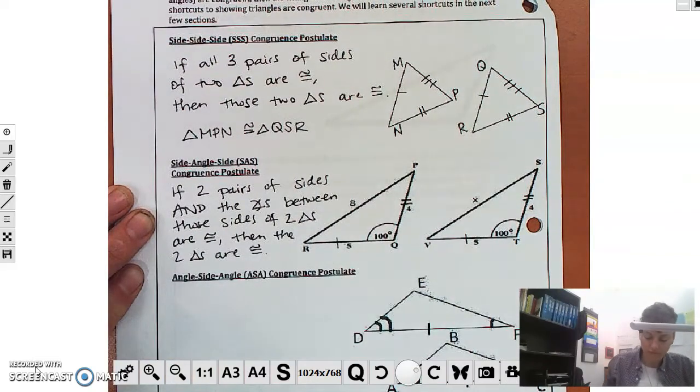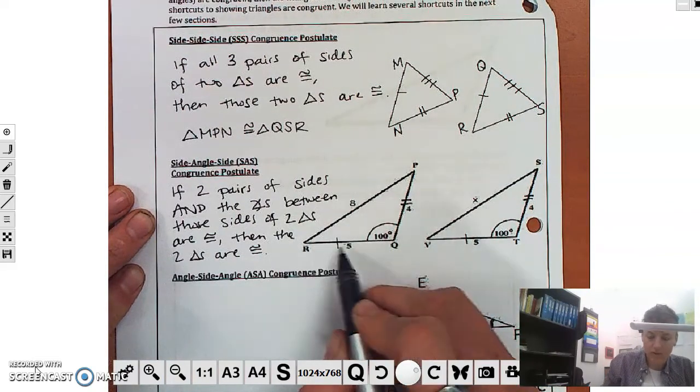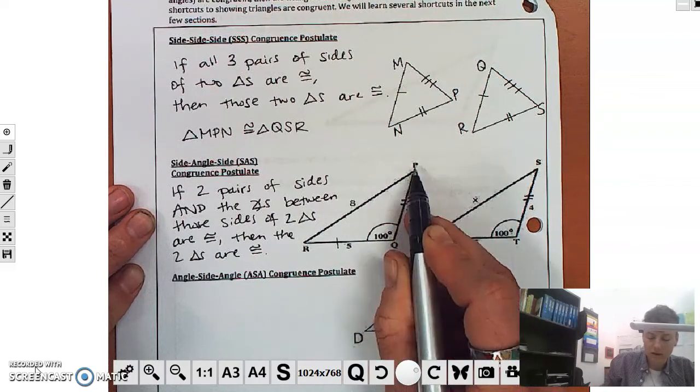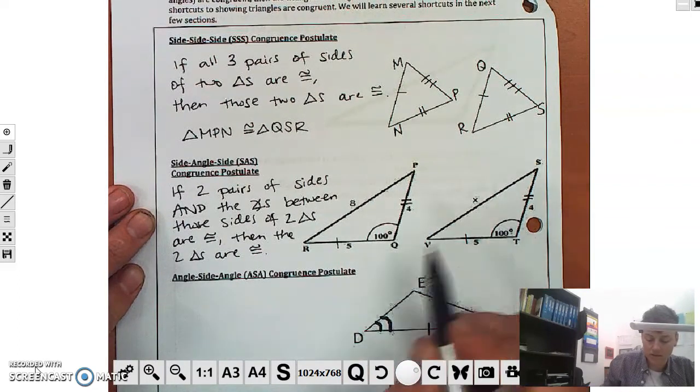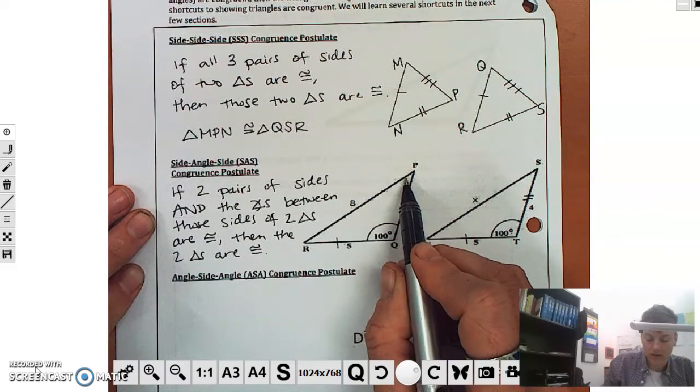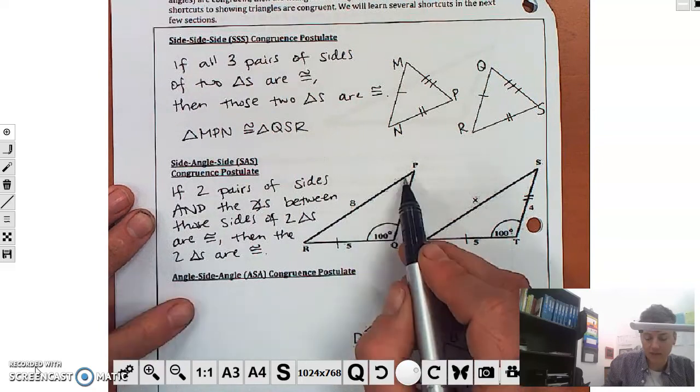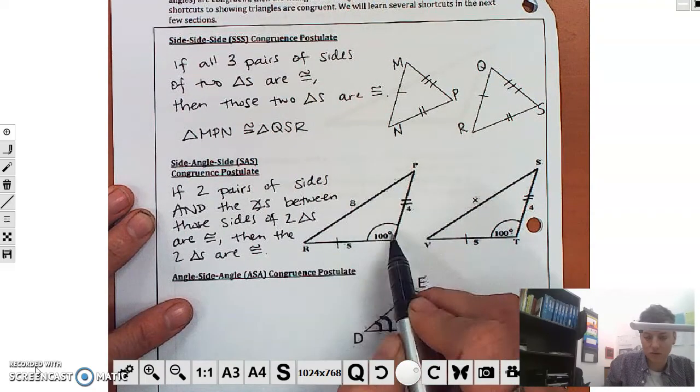Hot dog. Again, the 2 sides that we're using make that angle that's congruent. So I couldn't use it if the angle was angle P, right? Because angle P is not made up of the 2 congruent sides.